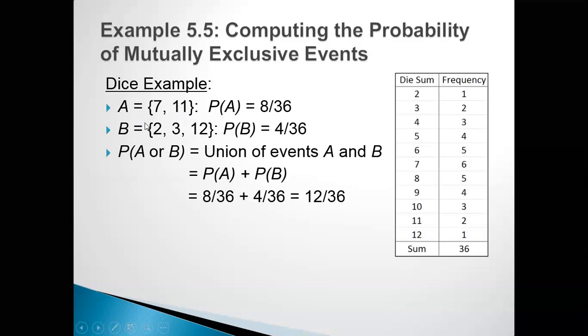So the rule is that we have to add the probability of 8 by 36 and 4 by 36. So this is the probability of A or B. The union of events A and B equals P(A) plus P(B), that is 12 by 36.